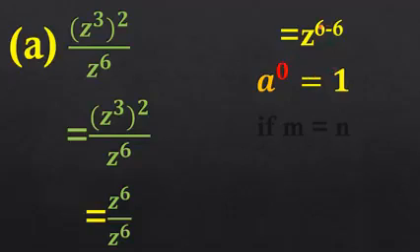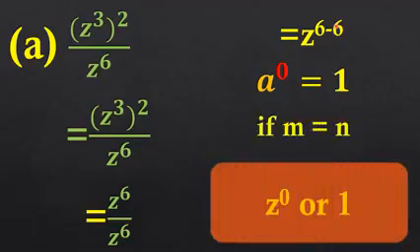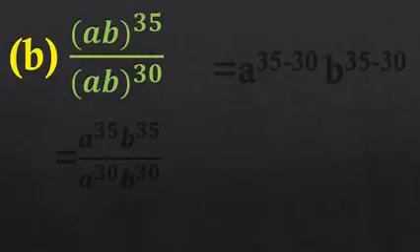Again, 6 minus 6 is equal to 0. That means z raised to 6 minus 6 is also the same as z raised to 0, or simply 1. Last example. How about the 35th power of AB over 30th power of AB?